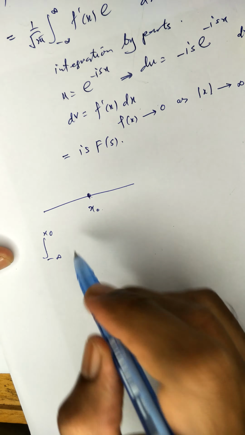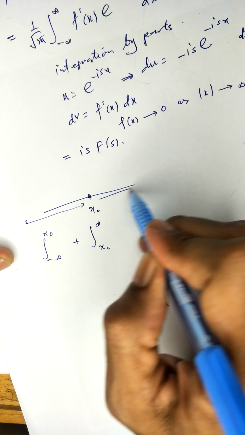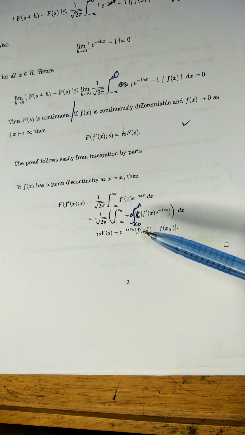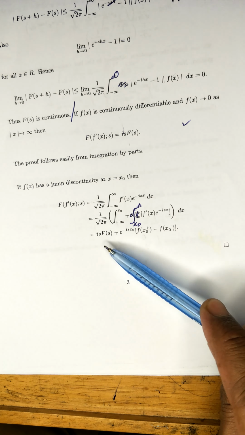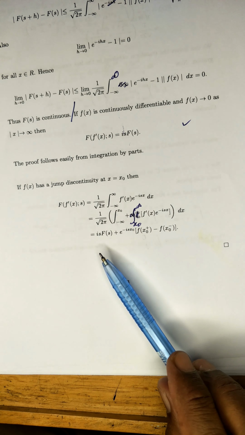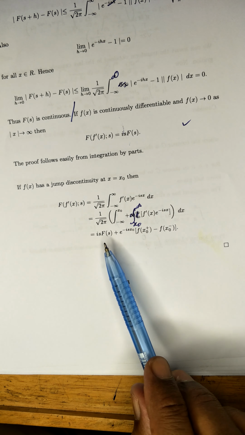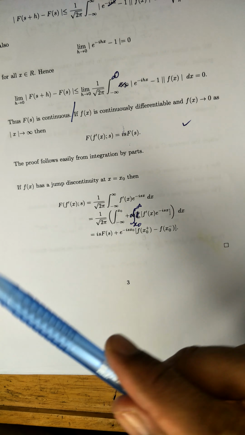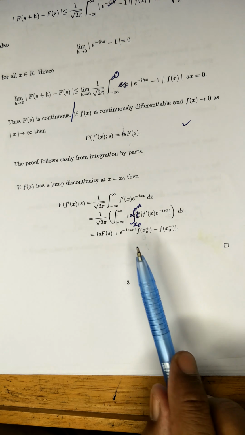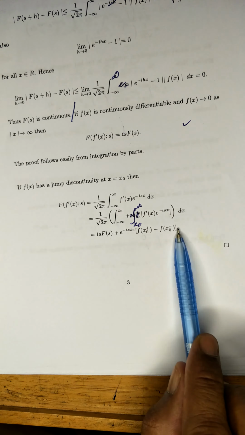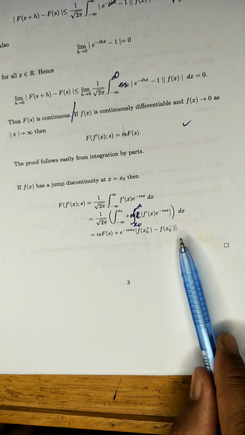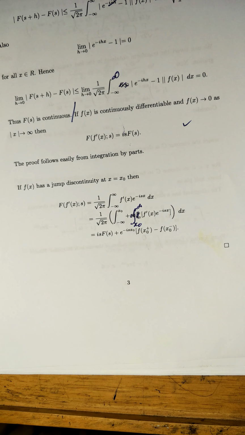So we split into two, that part and that part. For the other part we have i s F(s), as given previously, and for the singular point where we split, x approaches x naught from the positive side and from the negative side. So we have those results.